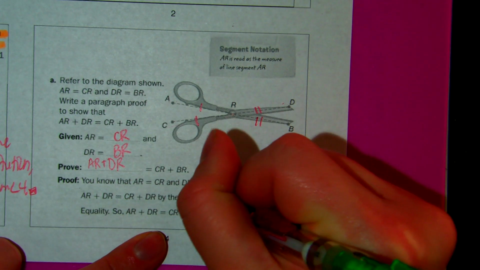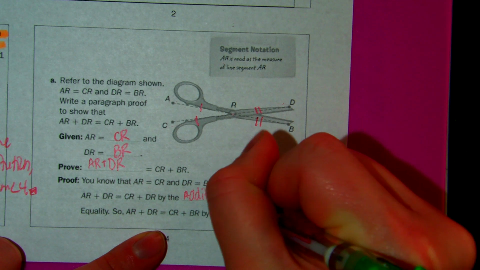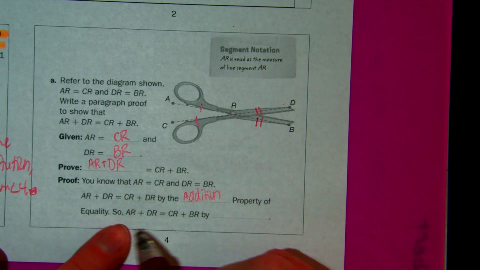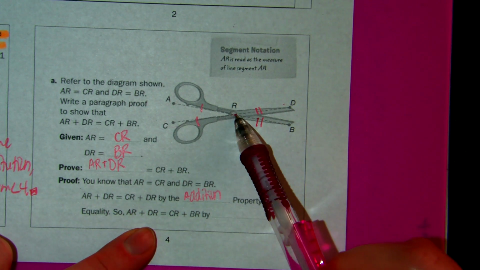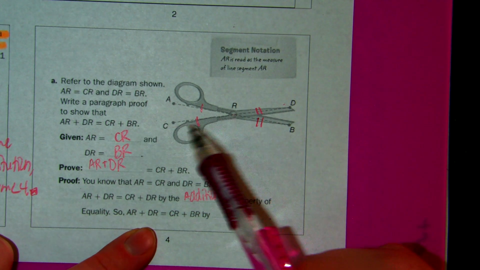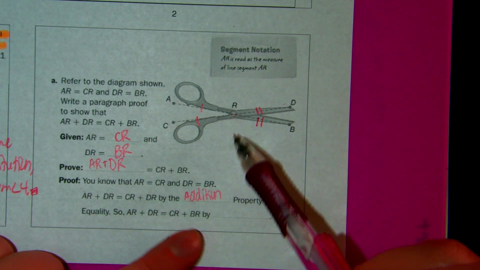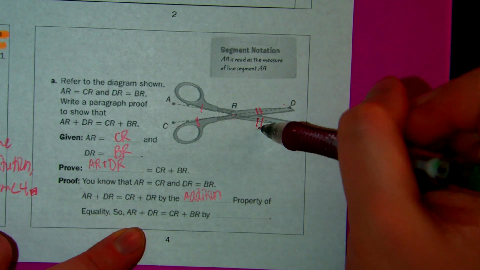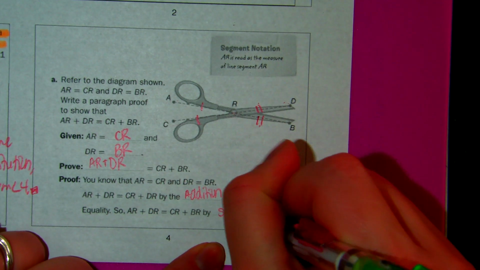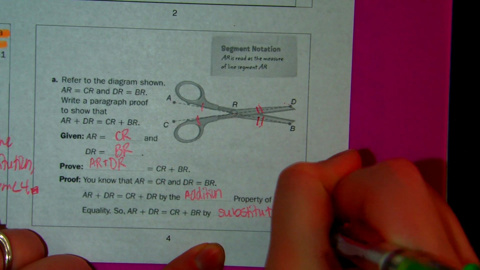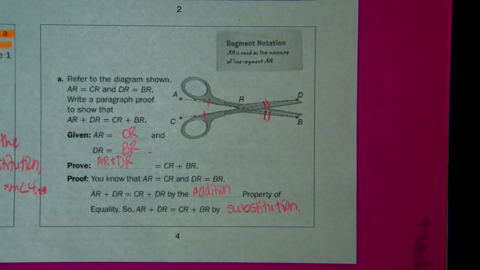Addition. So now they're taking out AR plus DR equals CR plus BR because DR and BR are equal, so we can take one out and put the other one in. That's called substitution. This isn't necessarily the way I would write this paragraph proof, but it's one way.